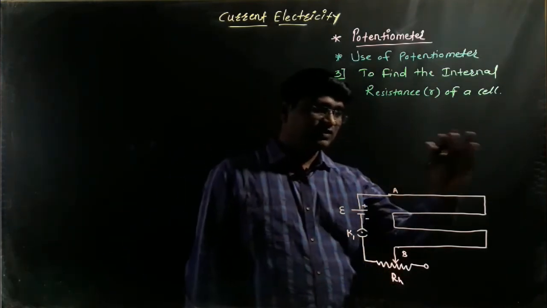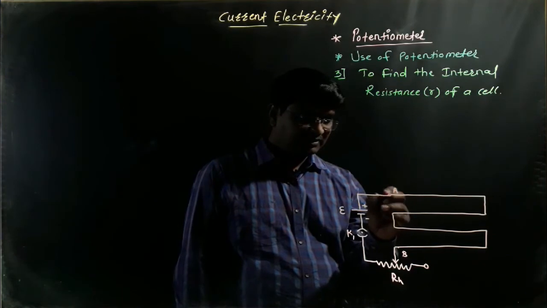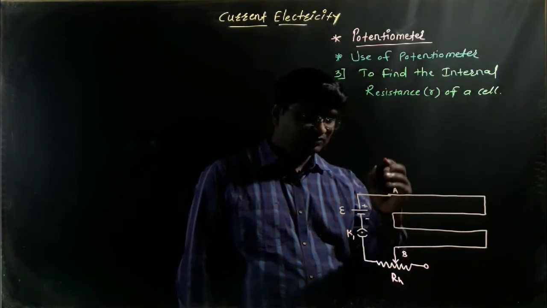Okay, so one other circuit is connected through the terminal A. So how to connect it? Let's see here.